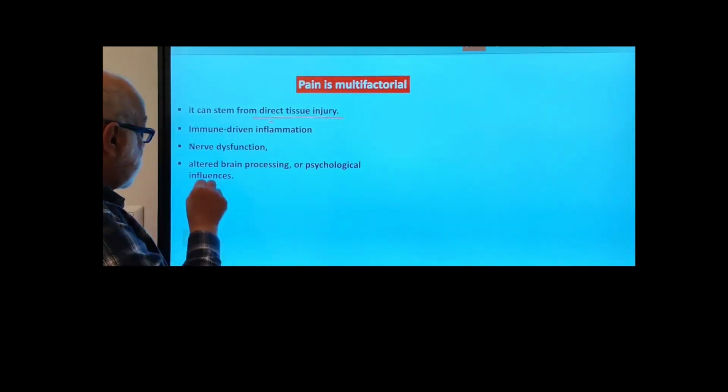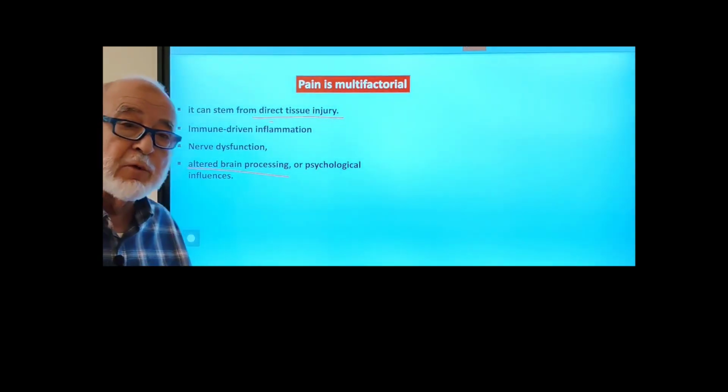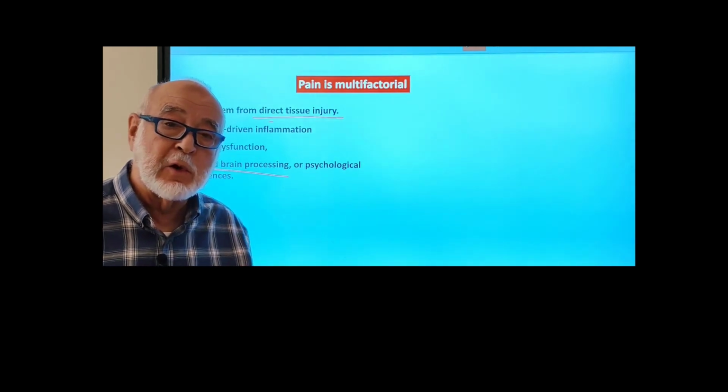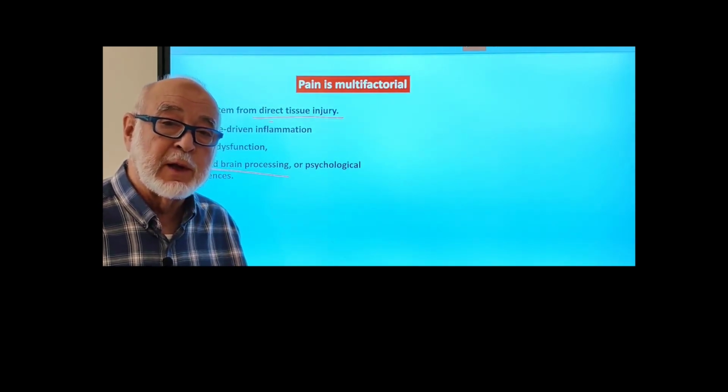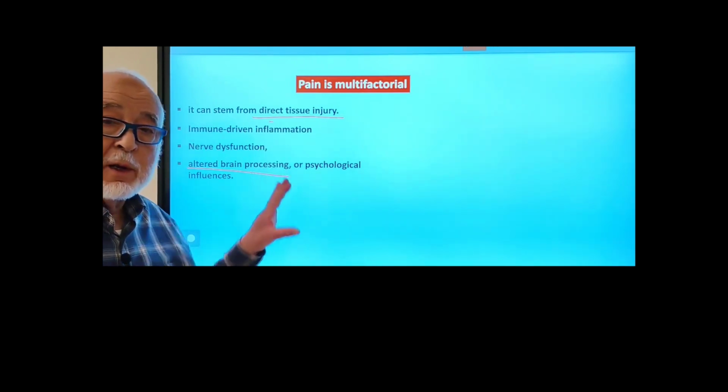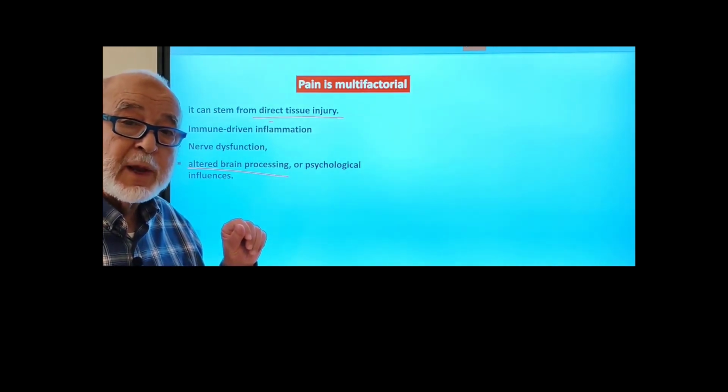The fourth factor might be altered brain processing. The processing of pain in the brain is altered due to a central defect. The thing that joins all these multifactorial causes of pain is inflammation. They found that the general feature is usually inflammatory.